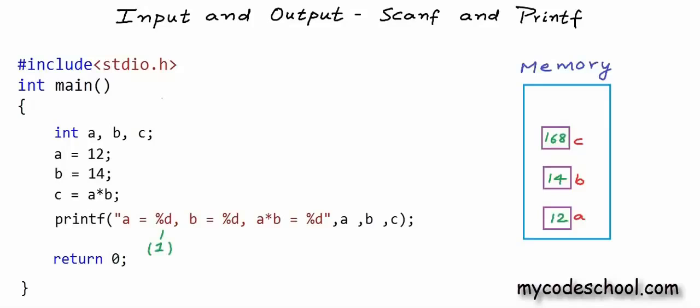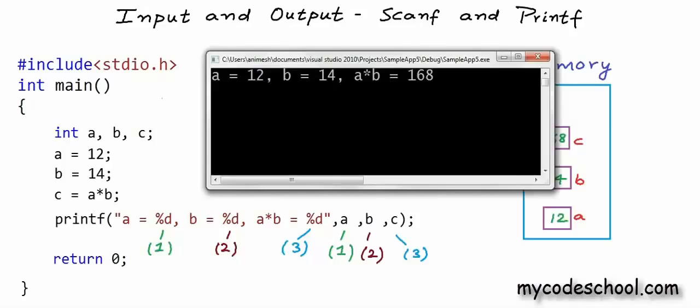While formatting, printf will replace the first %d with the value in a. So the first %d will be replaced by the first argument after the string constant, and then the second %d will be replaced by the value in the second argument, that is the value in b, and the third %d will be replaced by the value in c. If I run my program, this is how my output will look.